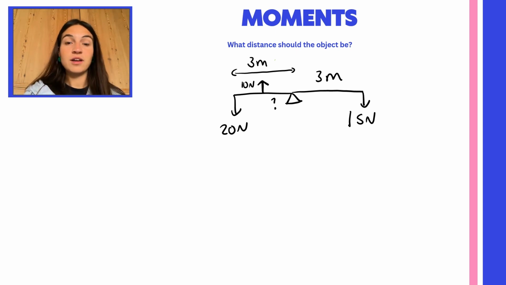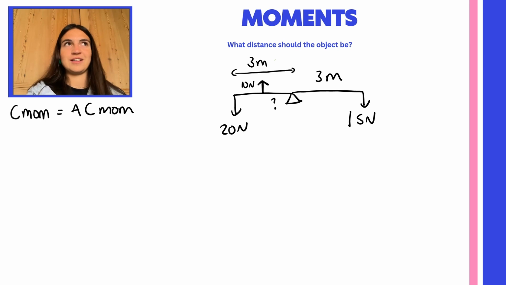So we are going to use our principle of moments, and that is for this bar to be horizontal in equilibrium, the clockwise moments need to equal the anti-clockwise moments. Let's go back to the picture and just decide quickly which of these moments are acting clockwise and which are acting anti-clockwise.